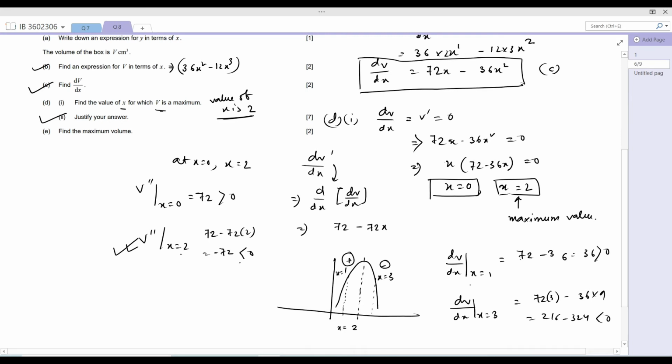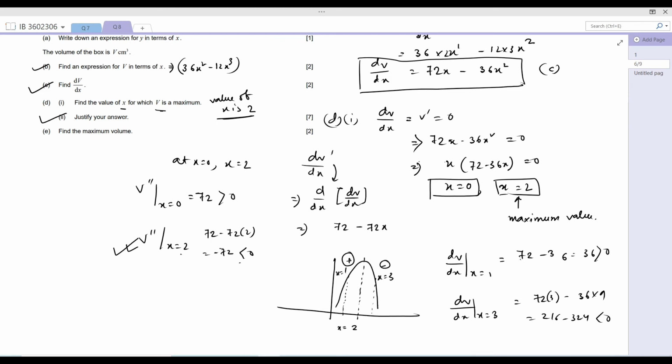Again I am recapping: find the value of x for which v is maximum. We have the first derivative; setting it to 0 gives two critical points, x equals 0 and x equals 2. To find which point gives the maximum value, we check the double derivative, v double dash.